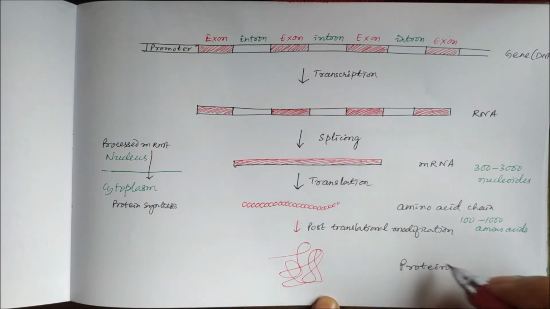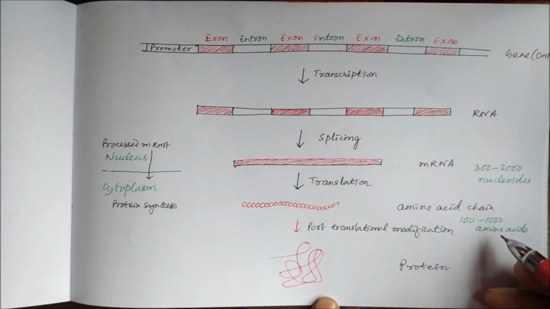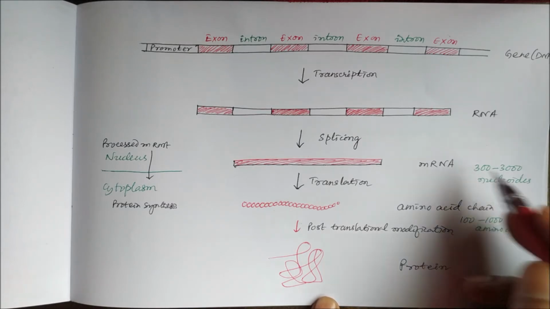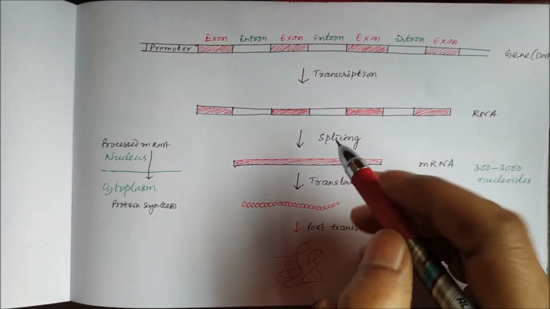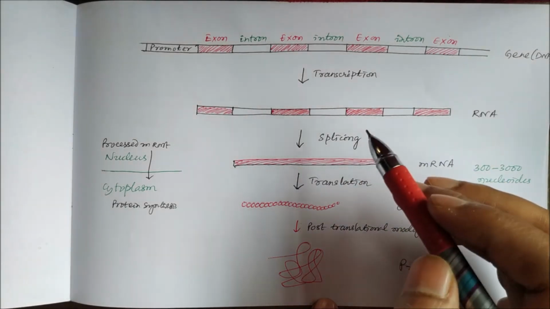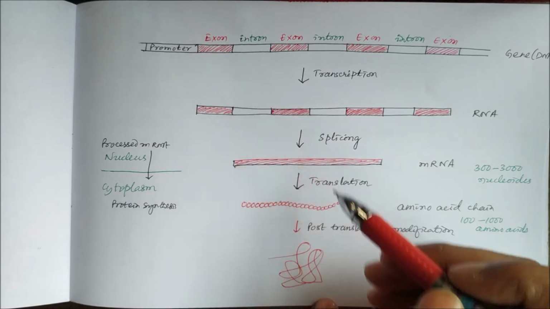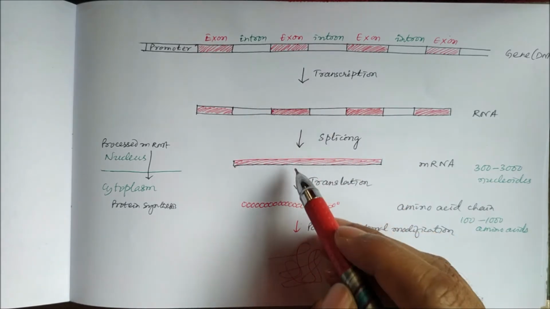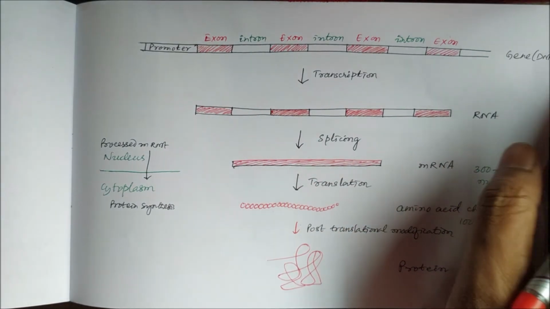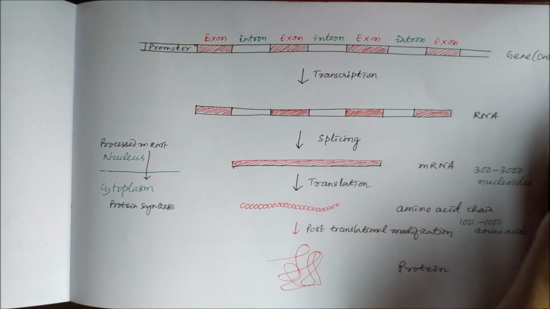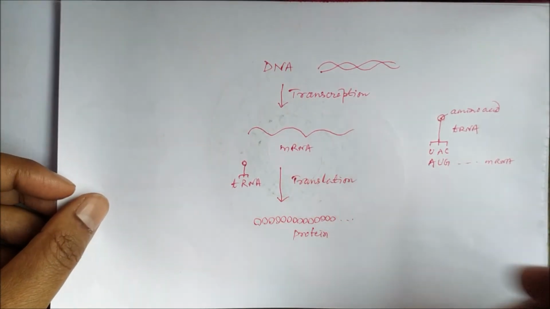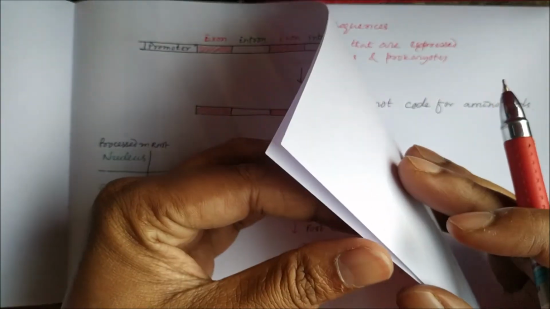So we have proteins whose amino acid chain length will vary from 100 to 1000 because of this. So mRNA splicing is the process which removes the intron, and there will be exons which can code, and we can have the proteins. Okay.